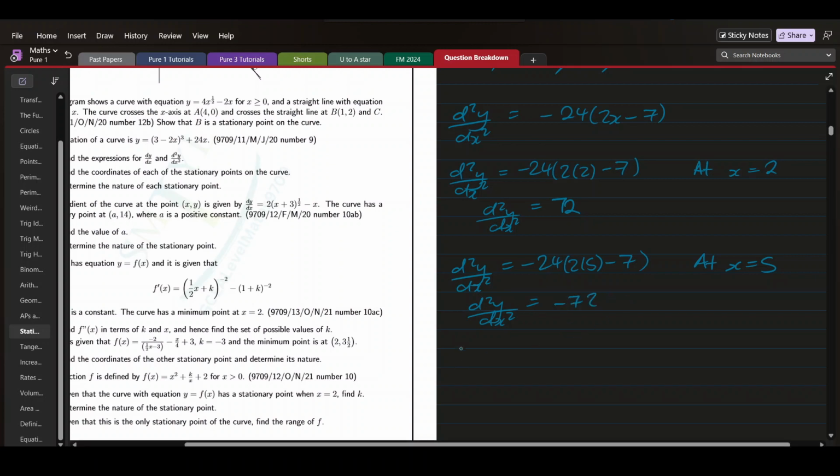So we can conclude that at x is equal to 2, our second derivative d squared y over dx squared is equal to 72, which is greater than 0. So hence this is a minimum point.